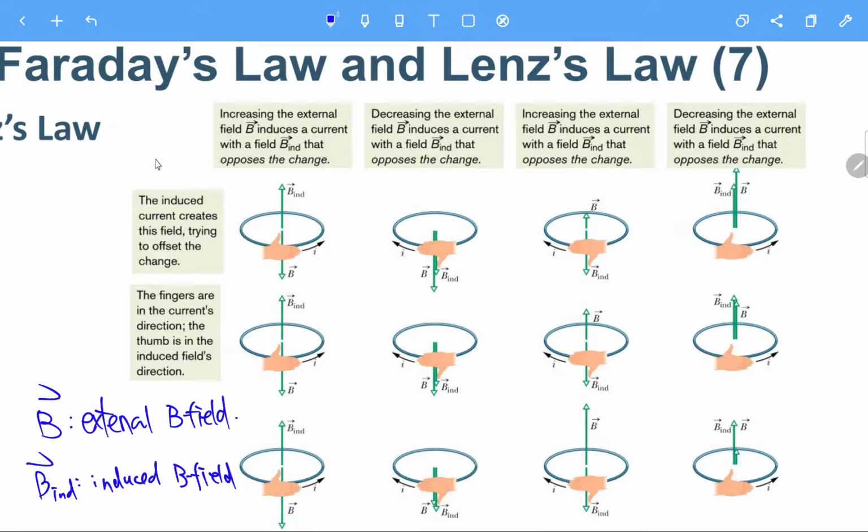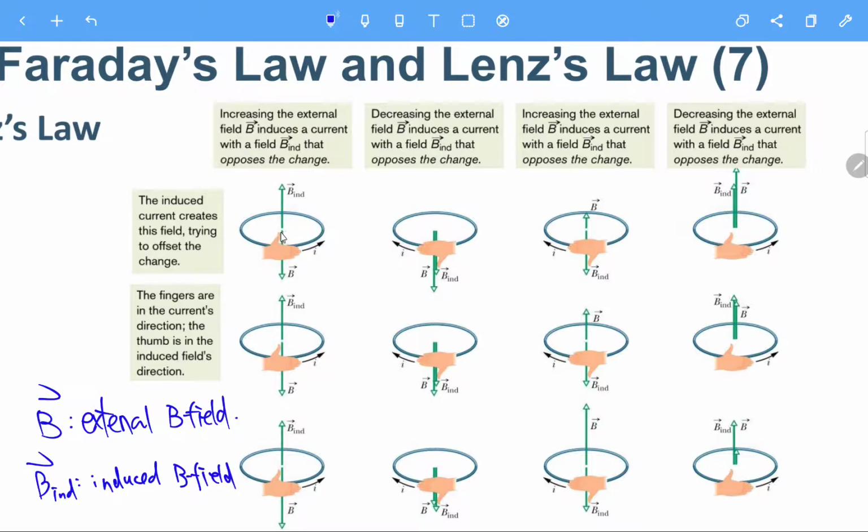So actually the case is like this: originally the B field is pointing downward. Increasing the external B field induces a current with a field in the opposite direction.